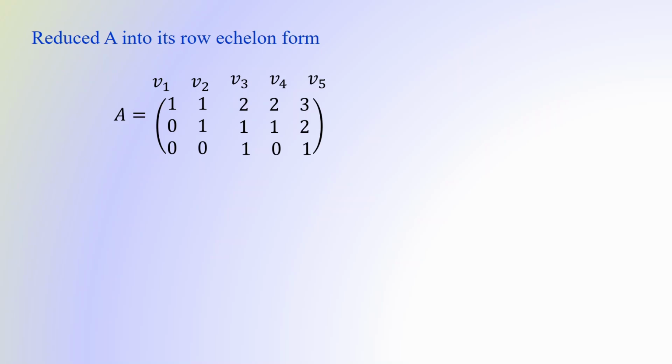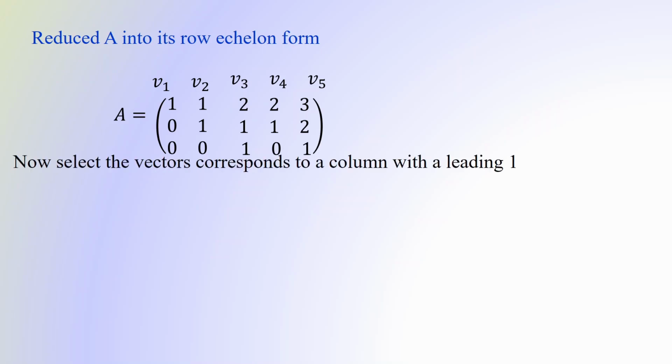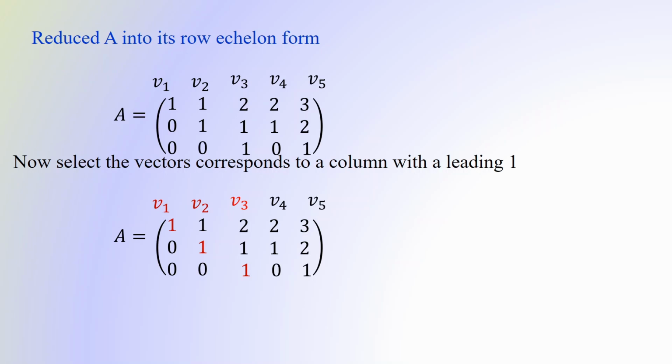Now once you have the row echelon form, you select the columns corresponding to the leading one. That means in each row you select the column which has the leading one. Here is the leading one for the first row.